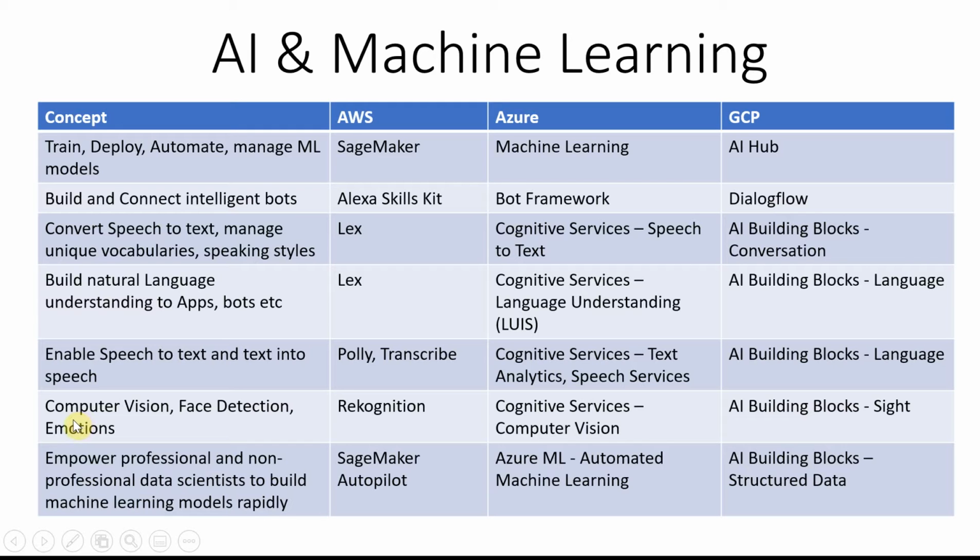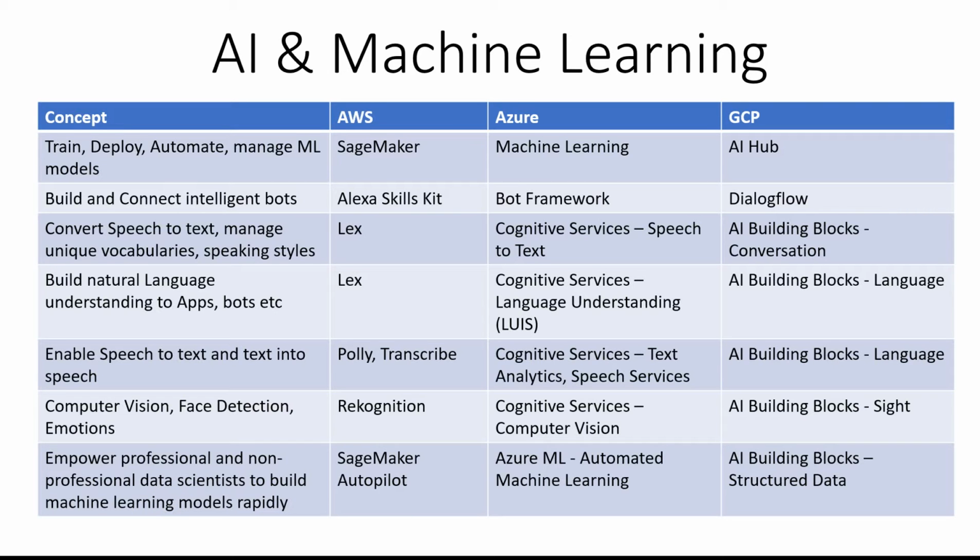In this computer vision category, with face detection and emotions, AWS has Rekognition, in Azure it is Cognitive Services Computer Vision, and in GCP it is the AI Building Blocks.